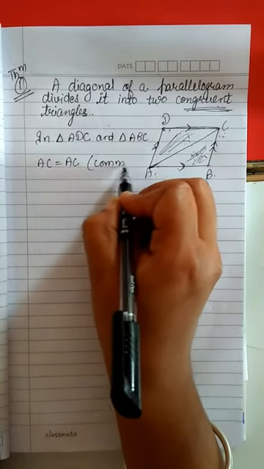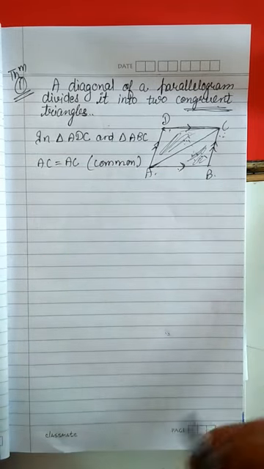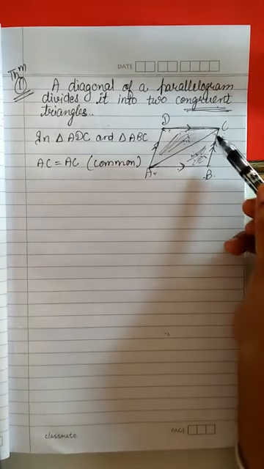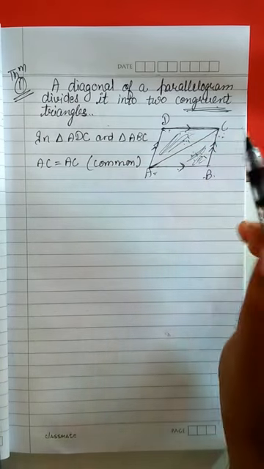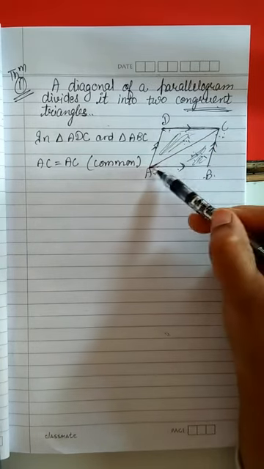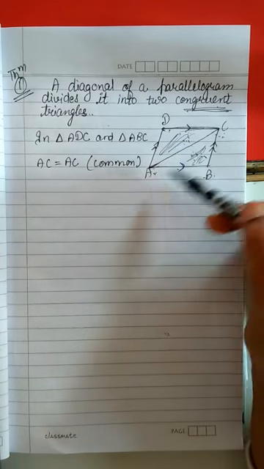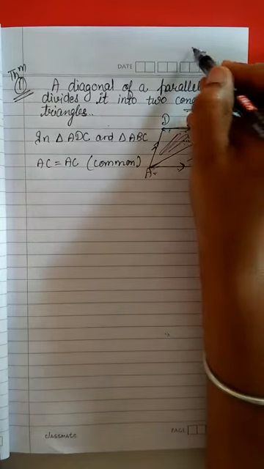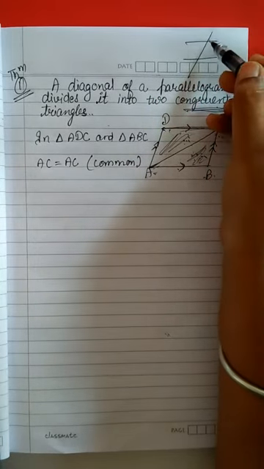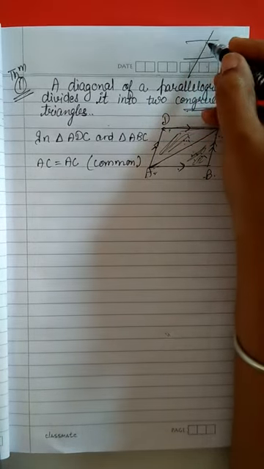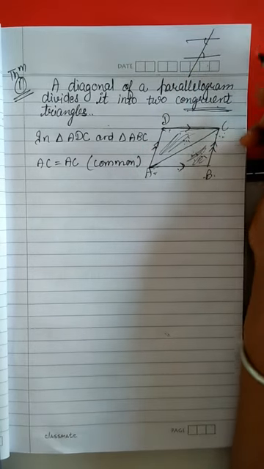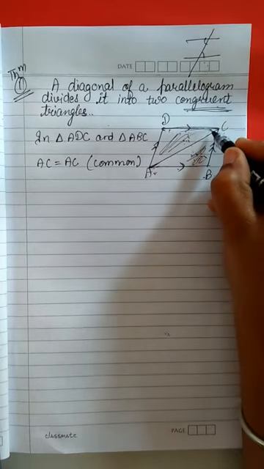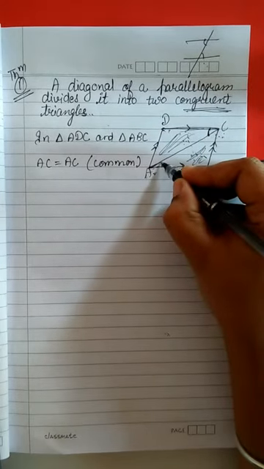Next, you see that AB is parallel to CD, and AC, or CA, is a transversal line. So when a transversal line cuts two parallel lines, these two angles are alternate interior angles and both angles are equal. So this angle is equal to this angle.